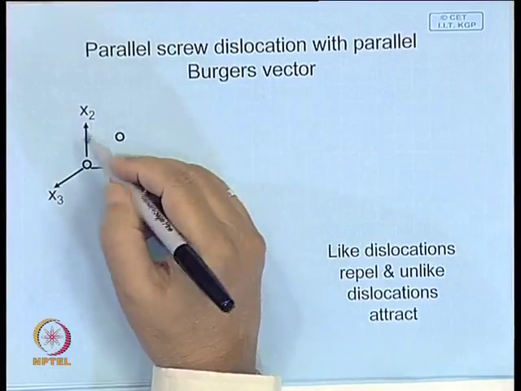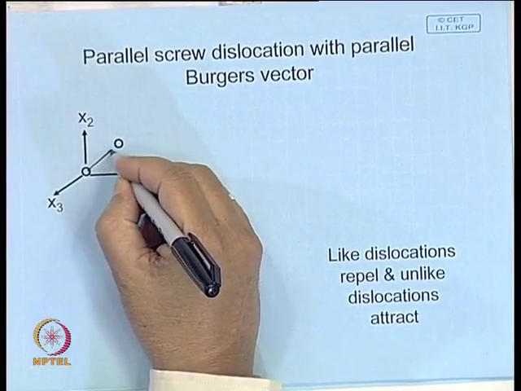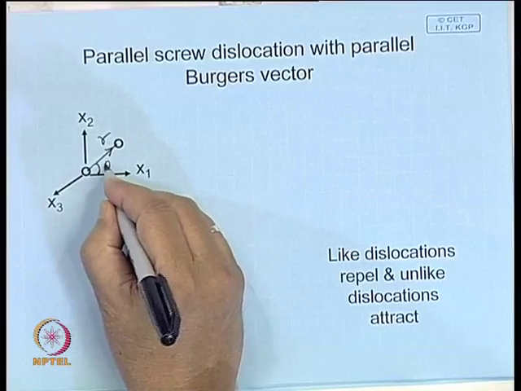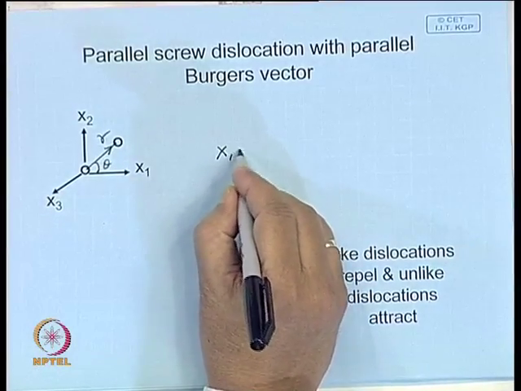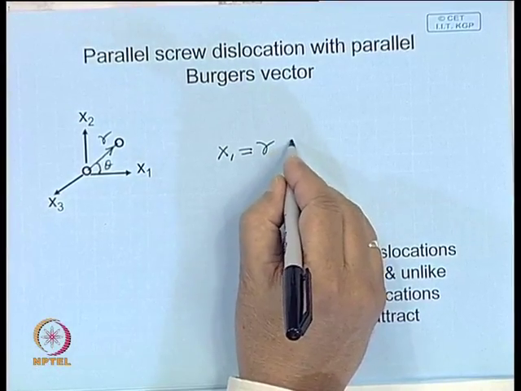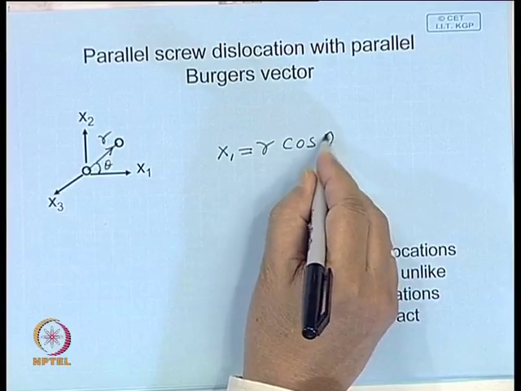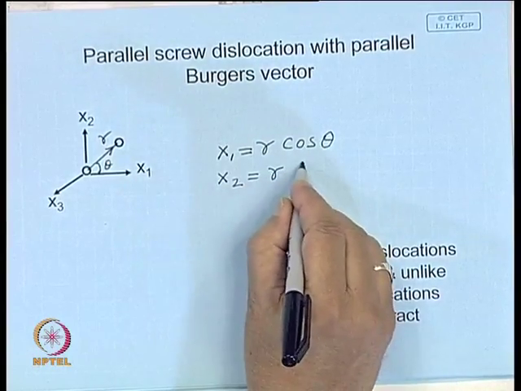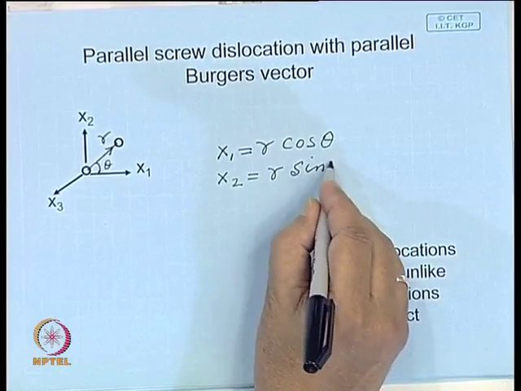Say if we say that this distance is r, this angle is theta, then you just substitute x1 equal to r cos theta, x2 equal to r sin theta.